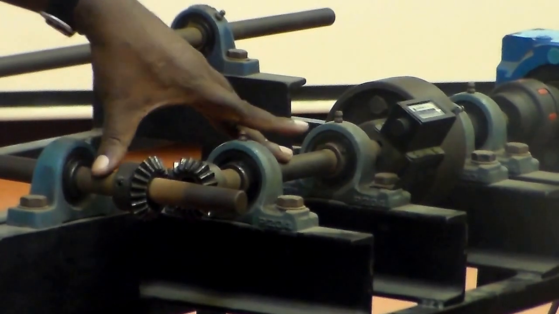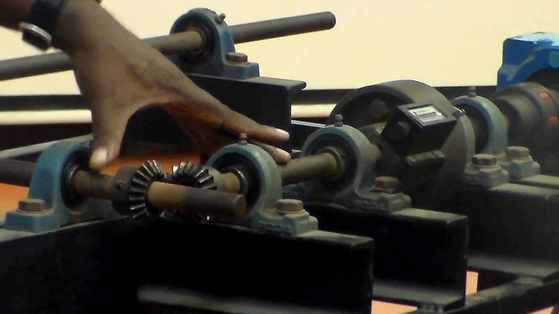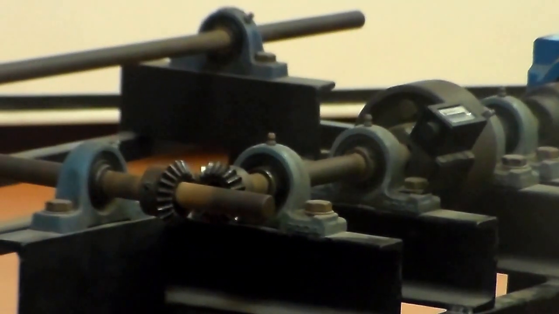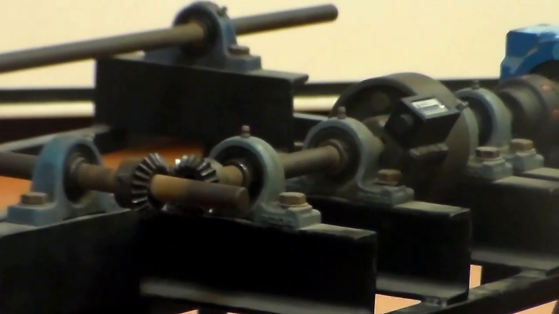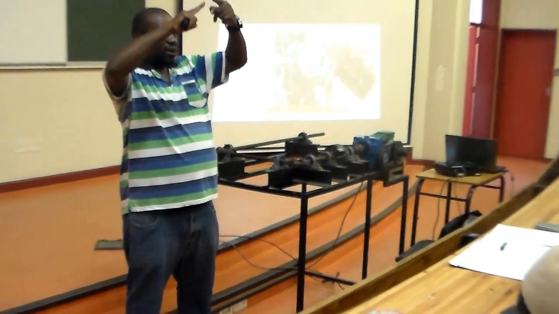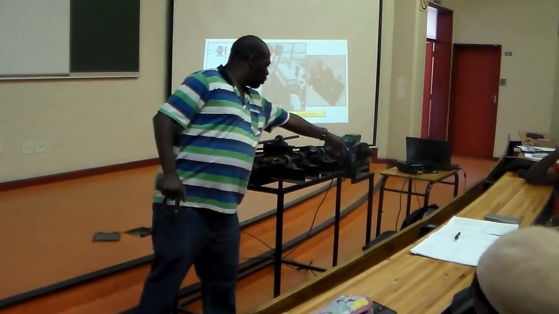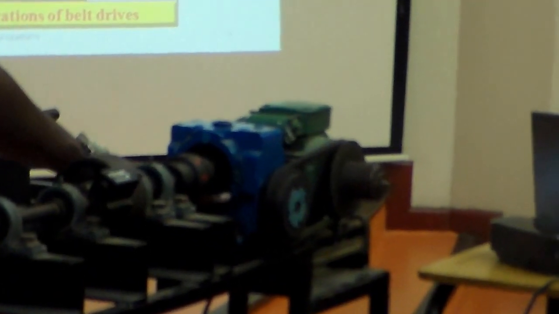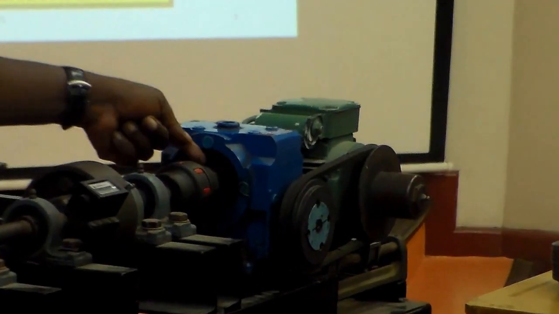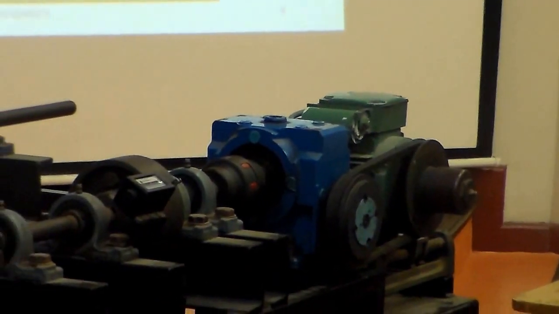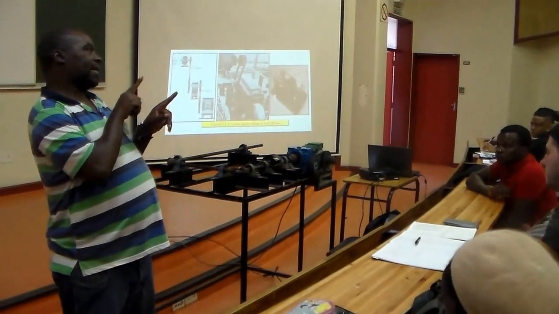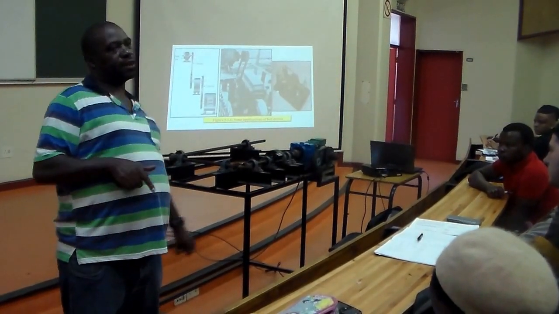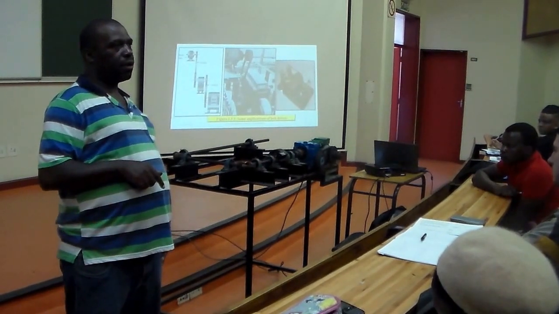These two shafts are still perpendicular to each other, at 90 degrees apart, but they intersect. These ones here don't. That shaft, if you extended it, you'll find that it is passing somewhere here, while this one here is up there. So that is indicative that those two shafts are skewed to each other. Though they are at 90 degrees, the likelihood is that you have a worm gear set.